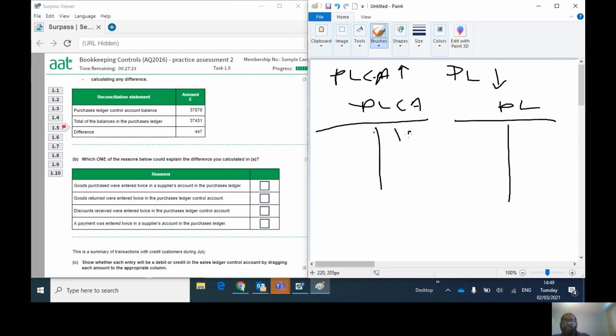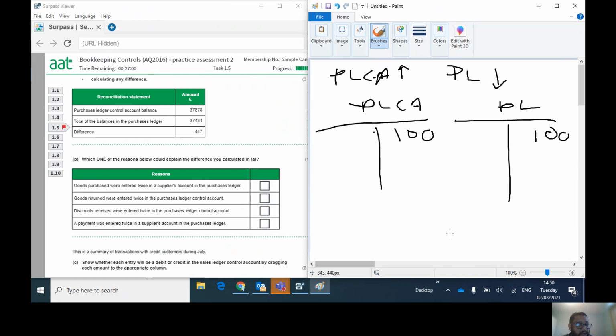I'm going to start with £100 on the credit side for both of them, because remember, this is a credit account because they are liabilities. Now I'm going to discuss all these four different scenarios to see which one could be the reason for that discrepancy. PLCA must be higher and the purchase ledger should be lower. So let's have a quick look at it.